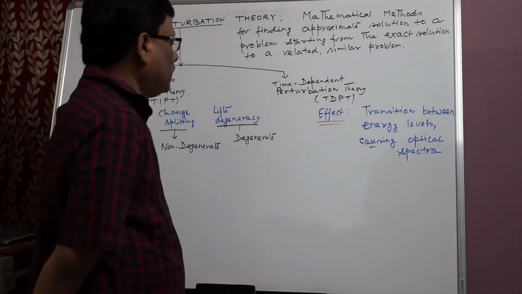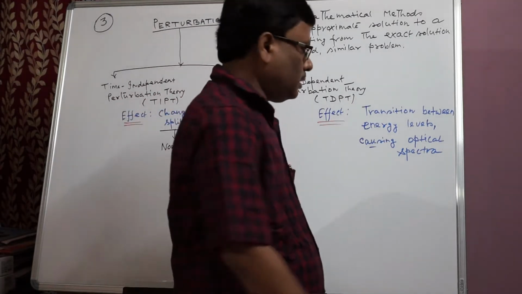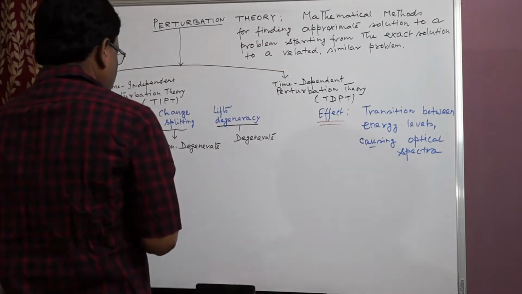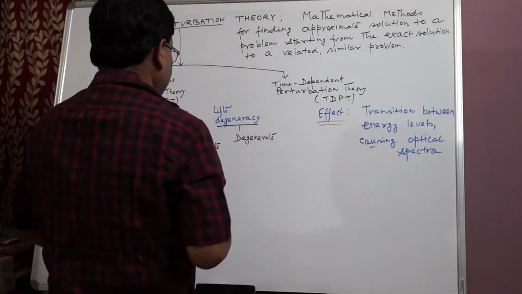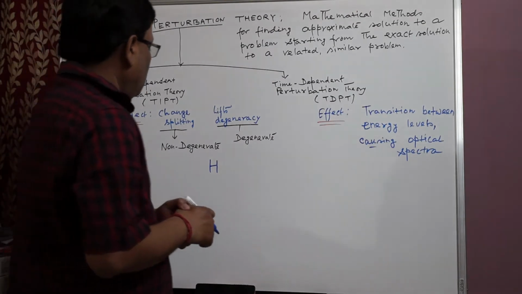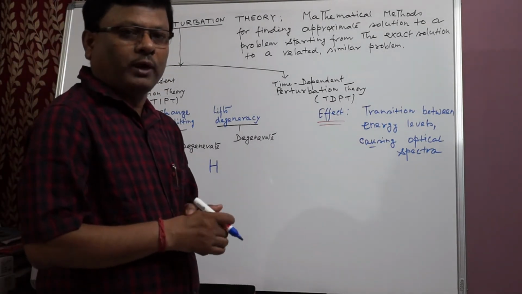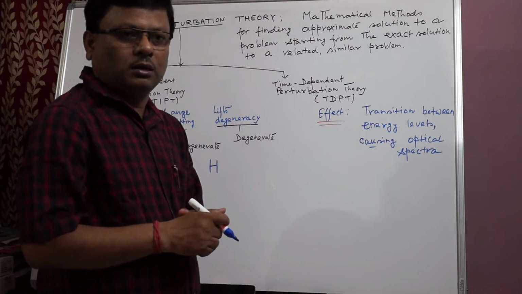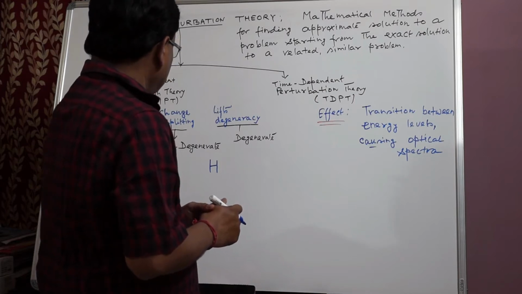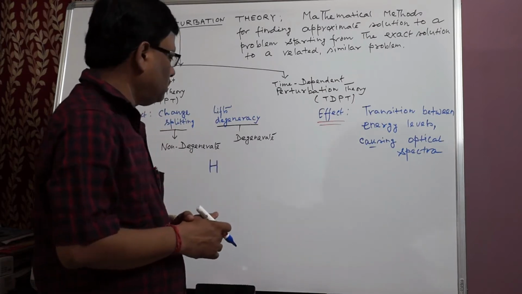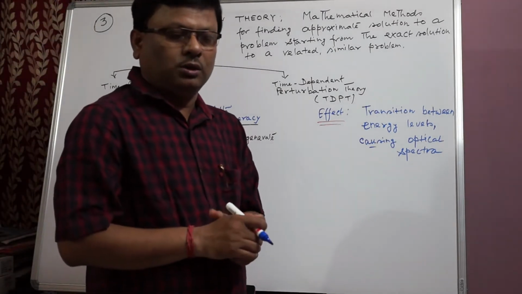Say we take a Hamiltonian, say H. The exact solution of H is unknown. So to solve H, we use perturbation theory.